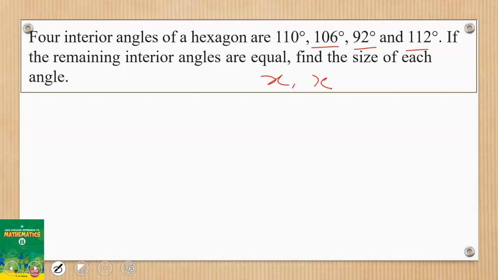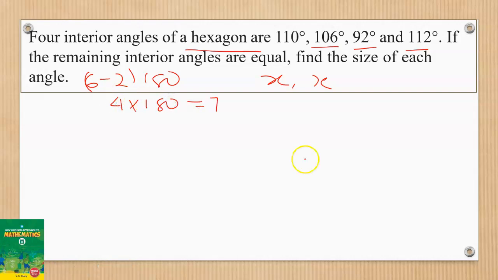This is a hexagon, and the sum of the interior angles of a hexagon will be 6 minus 2 times 180. 6 minus 2 means 4, and 4 times 180 will give us 720.